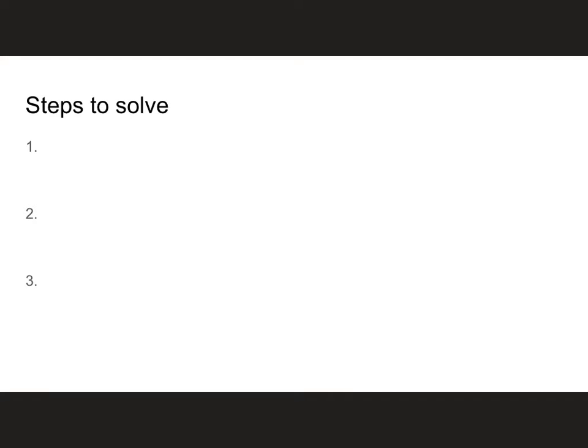There are 3 steps to solving algebraic proportions that we're going to use every time. It will be helpful if you write these in your notes so you know them. The first step is to cross multiply, and I'll show you how to do that in a bit. The second step is not always a step that you're even going to do.